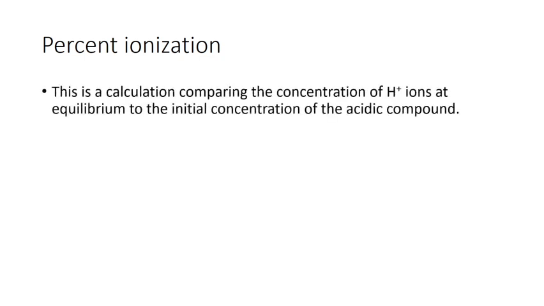Okay, so now let's talk about the next thing on the list, percent ionization. So this is exactly what it sounds like, a calculation comparing the concentration of hydrogen ions at equilibrium to the initial concentration of our acidic compound.